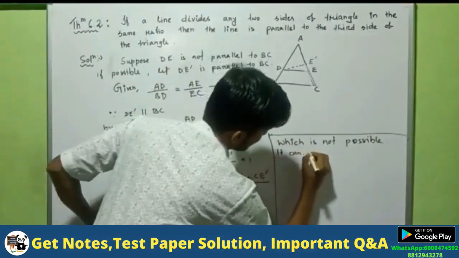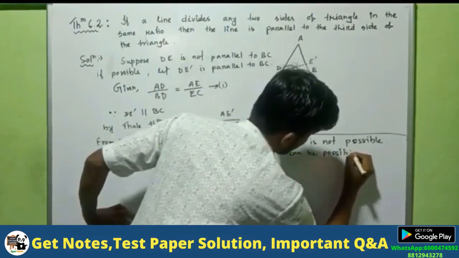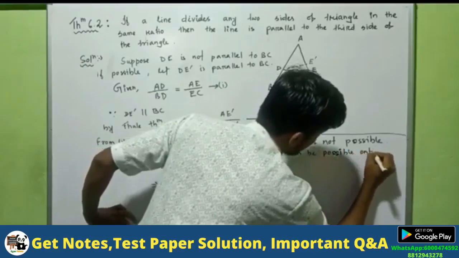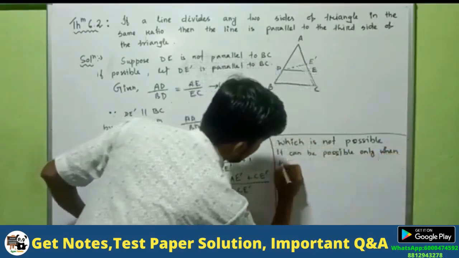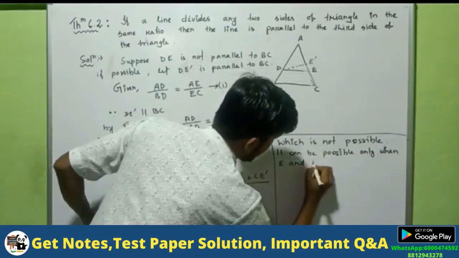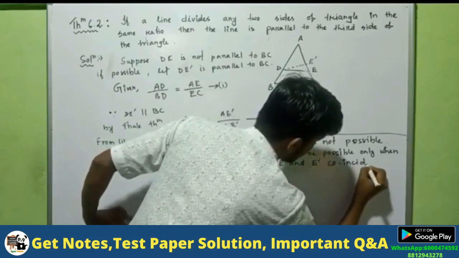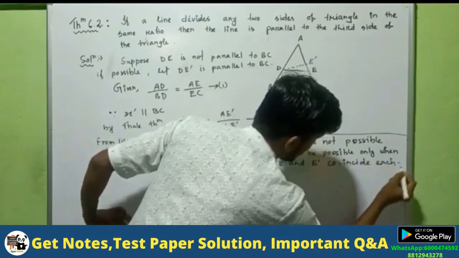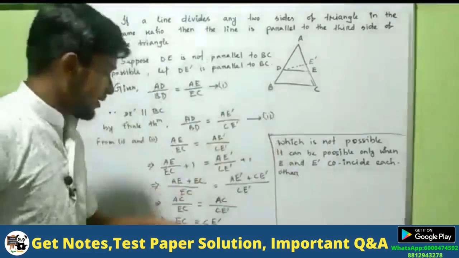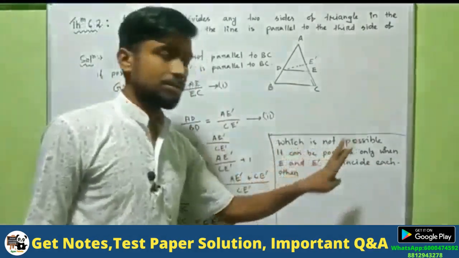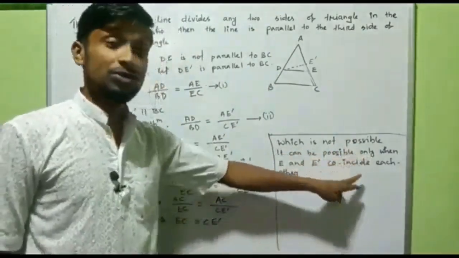It can be possible only when E and E dash coincide each other. Coincide each other. This cannot be possible, right? It can be possible only when E and E dash coincide each other.